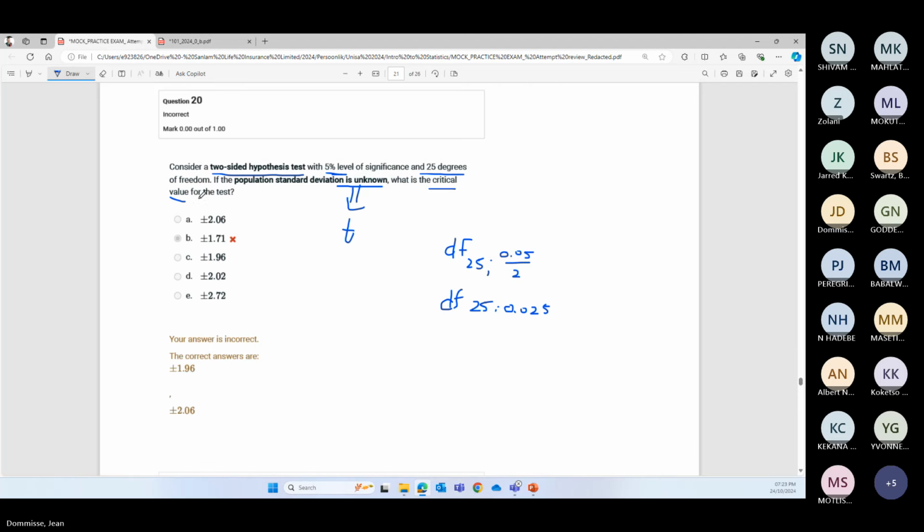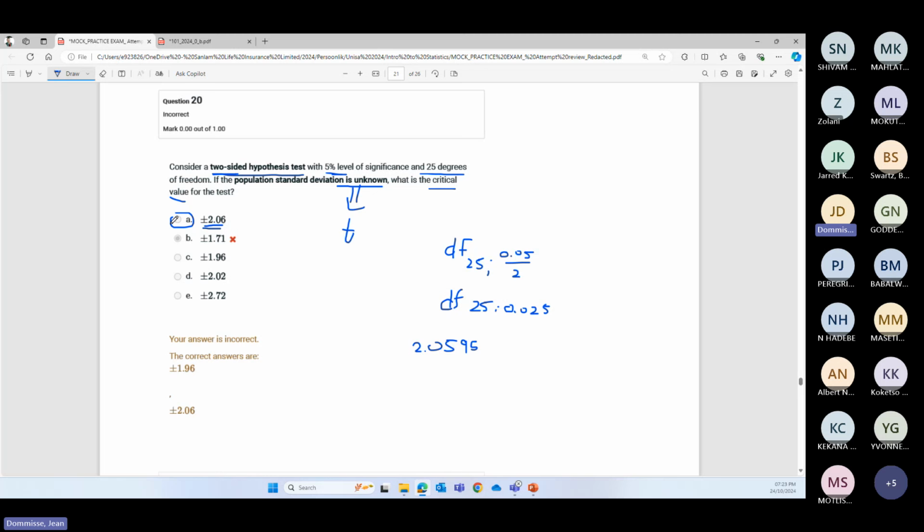2,0595. So if we round it off, we get 2,06. And because it's two-sided, it means there is a positive and a negative one.